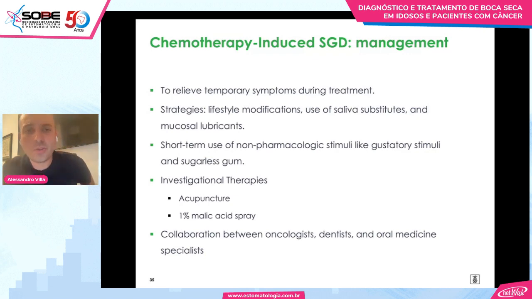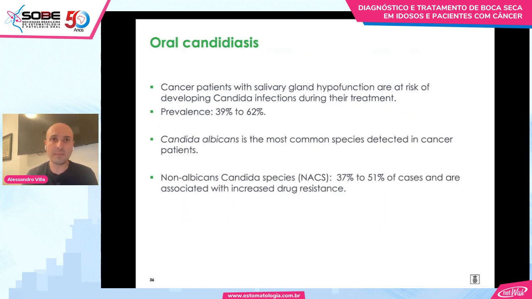Patients may also use mechanical stimulation of the saliva with sugarless gums. 1% malic acid spray may also work to temporarily relieve some of the symptoms. And it's really a collaboration among the oral medicine specialists, the general dentist, and the oncologist. I'd like to underline this point. These patients need to be managed together so that we can provide the best treatment options for them.